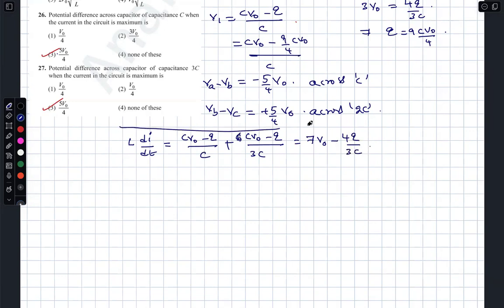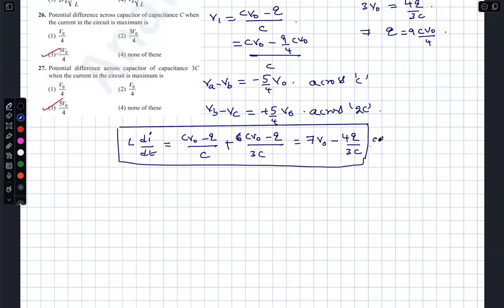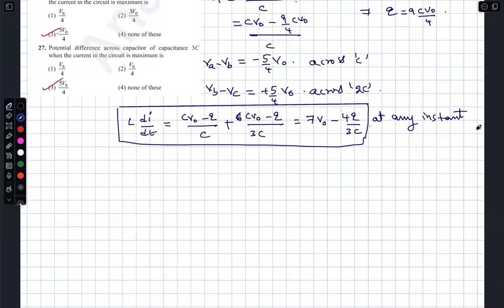This is the professional way of doing it at any instant, and you can apply it at any instant. Now when current is maximum, dI by dt is 0. Means the Q becomes how much?